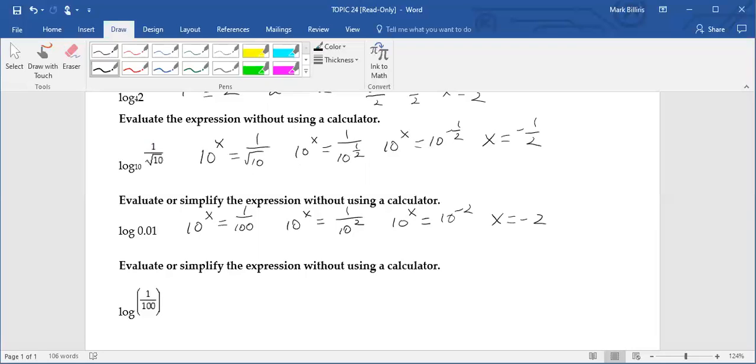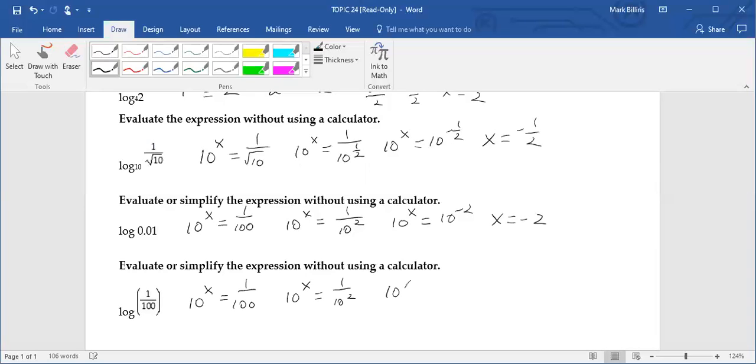Now my last example is the same as the previous example, but it's already in fraction form. So again, since this is log, no base shown, it's understood to be base 10. So I'm saying 10 raised to some power equals 1 over 100. So I need to express them as having the same base. So 100 is the same thing as 10 squared.